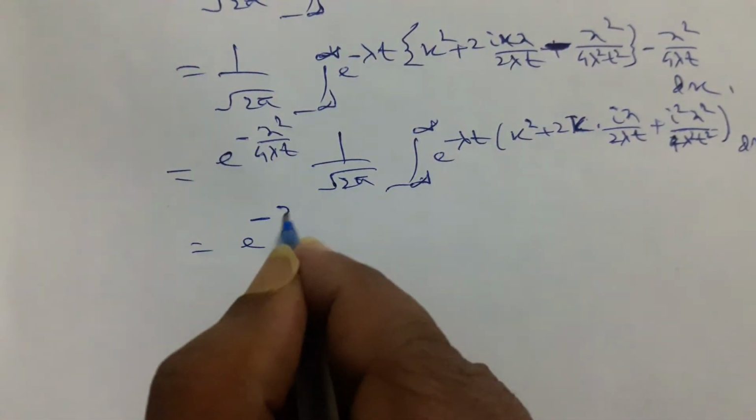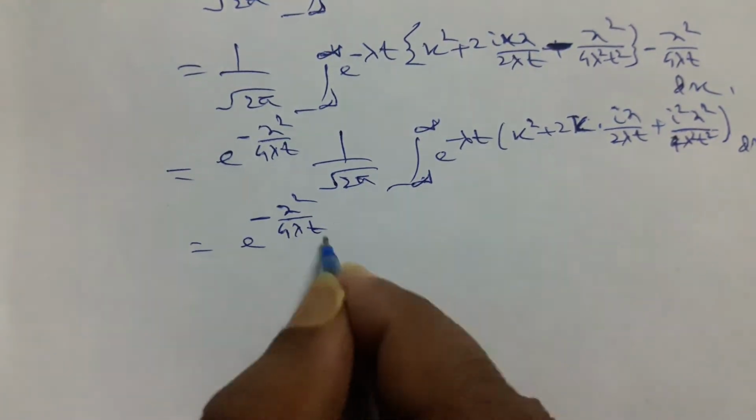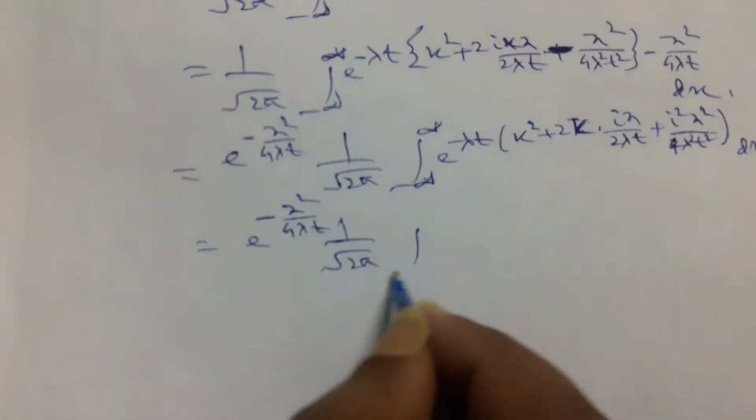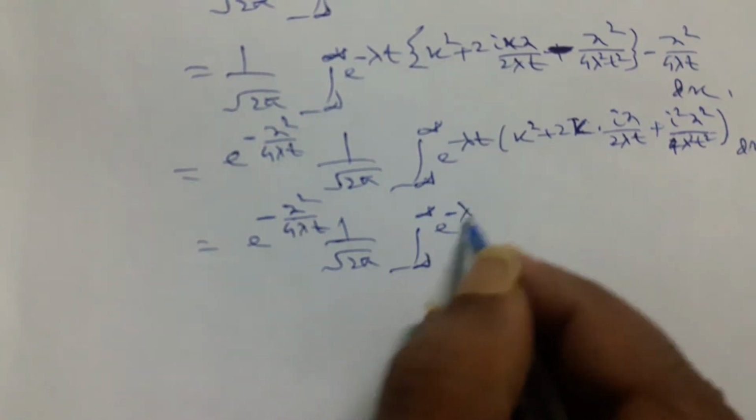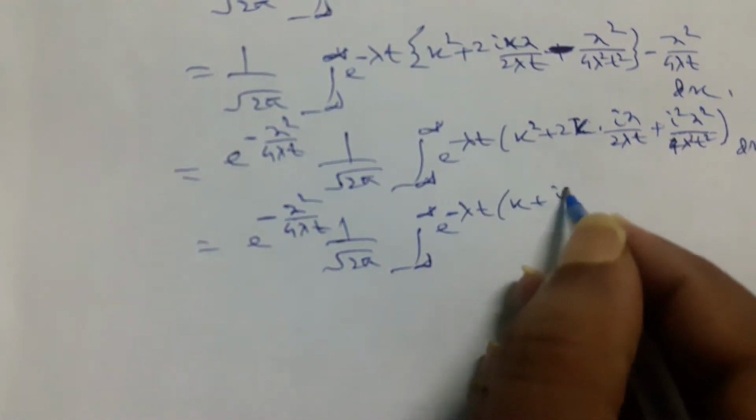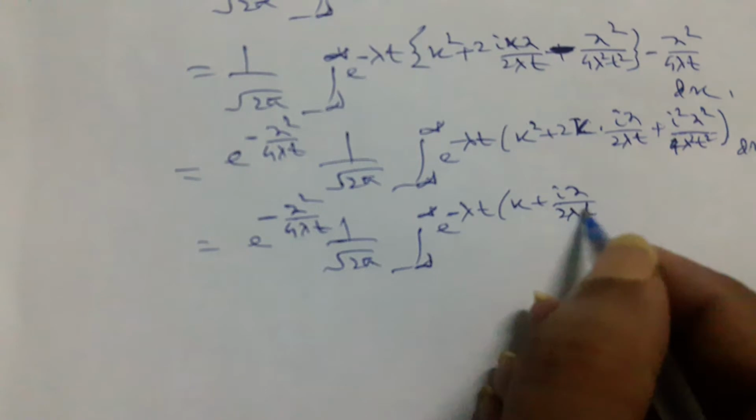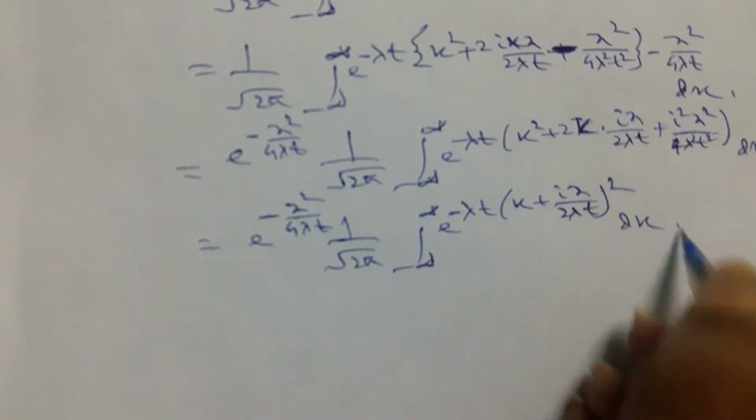So e to the power minus x square by 4 lambda t, 1 by root over 2 pi, integral from minus infinity to infinity of e to the power minus lambda t times k plus i x by 2 lambda t, whole square, dk.